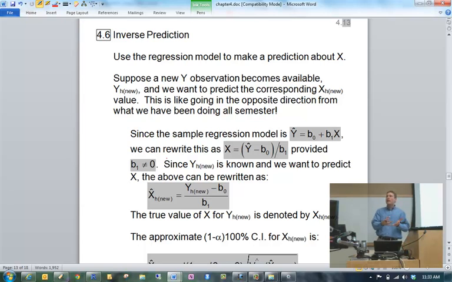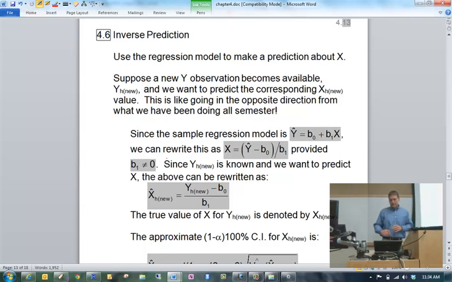But there are times where, let's say you do have a sample model, and you somehow obtain a new value of y without knowing what x is. Well, since we have this mathematical relationship from our sample model, you might think, maybe I could use this sample model to inverse predict what x would be. And in fact, you can do that.